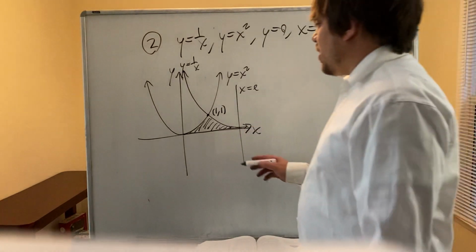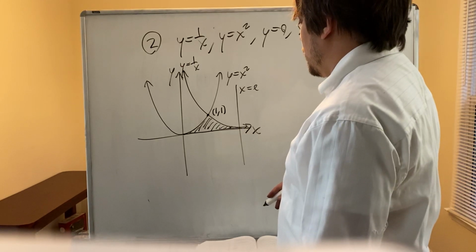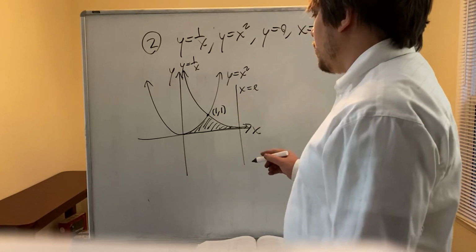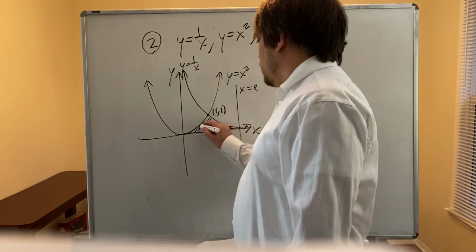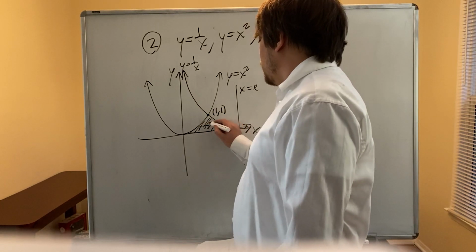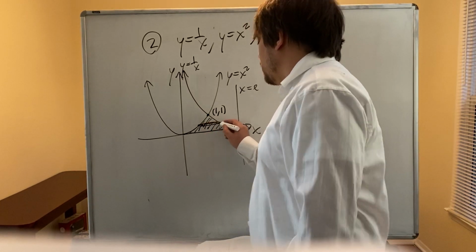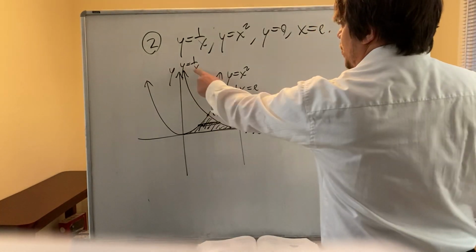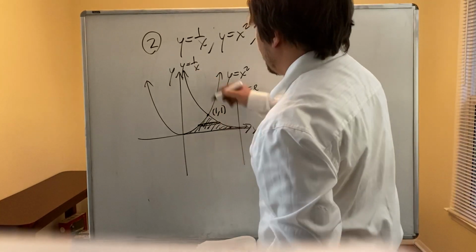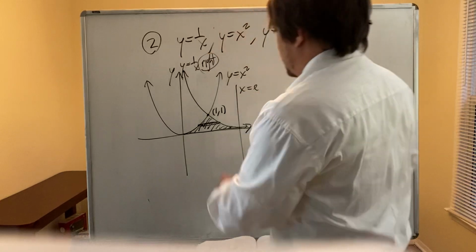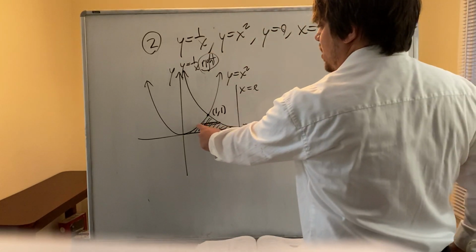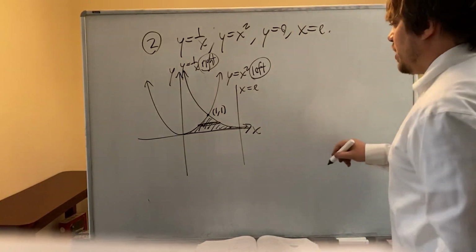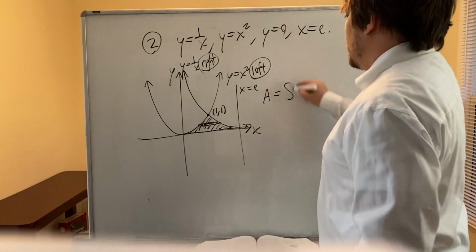Okay, so to evaluate this integral, let's think about what stays the same throughout. If I drew a horizontal approximating rectangle instead of a vertical one, your first thought is a vertical one, but if you do a horizontal one, then the right function is always y equals 1 over x. It's the right side of the approximating rectangle. The left side of the approximating rectangle is on y equals x squared. So that's the left function. And so the area, capital A, of that shaded region is the definite integral.